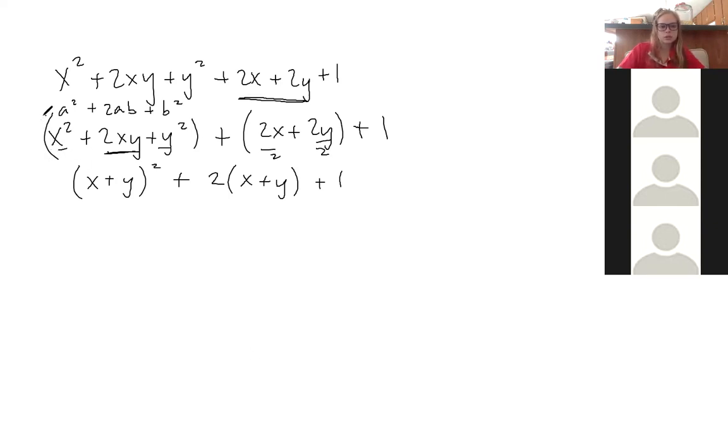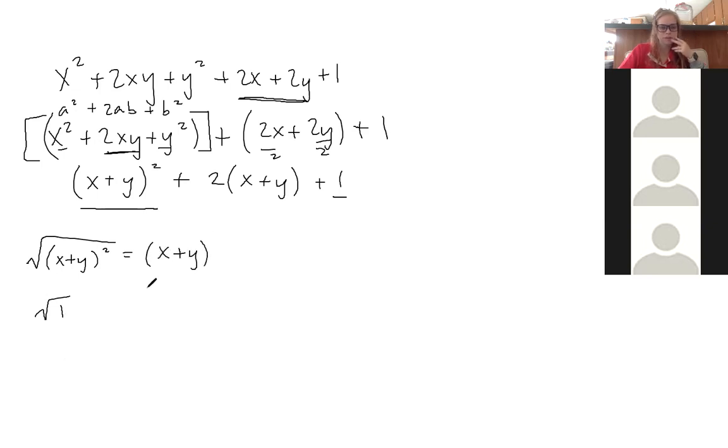Notice what we did up here for x squared plus 2xy plus y squared. We asked ourselves, is this a perfect square trinomial? If it is, the first term and the last term are going to be perfect squares. Can you take the square root of x plus y squared and the square root of 1? What's the square root of x plus y squared? X plus y. There you go, and the square root of 1 is 1.